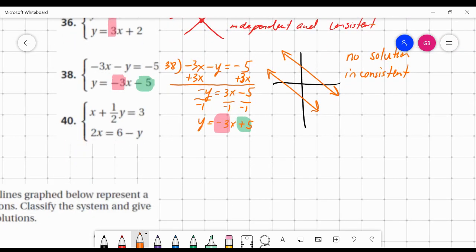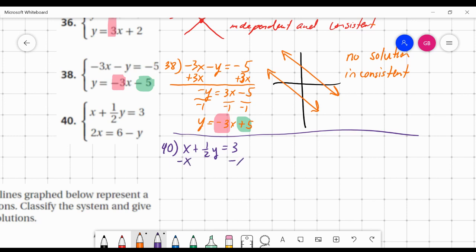And then for number 40, again, we need to solve for y on both. Okay, so let's use purple. Number 40. x plus 1 half y is equal to 3.